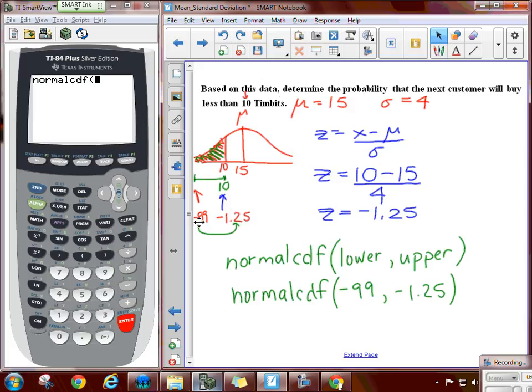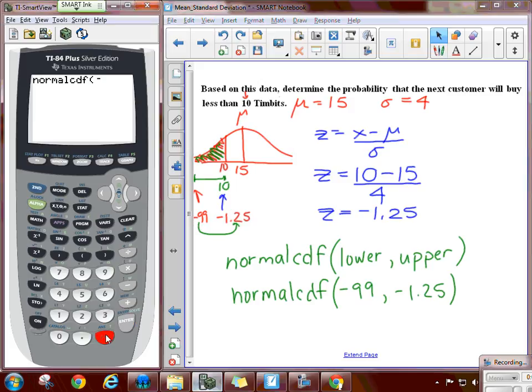So in my calculator, if I put those in, negative 99, above the 7 is a comma. We choose that up to negative 1.25. Close the bracket and now hit enter. And those with the newer software, you can hit paste.